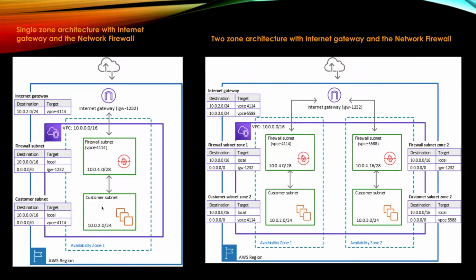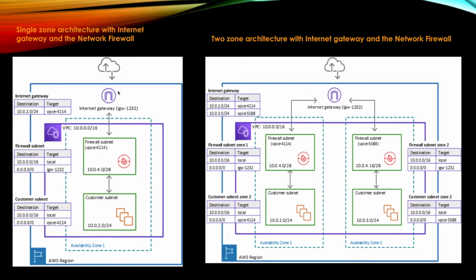Suppose I want to inspect all the traffic going out from my subnet to the internet. I will route any traffic going towards the internet to first go to the firewall subnet, and the firewall running in the firewall subnet will inspect the traffic, and then it will route the traffic to the internet gateway.